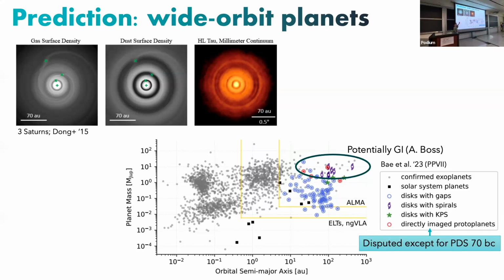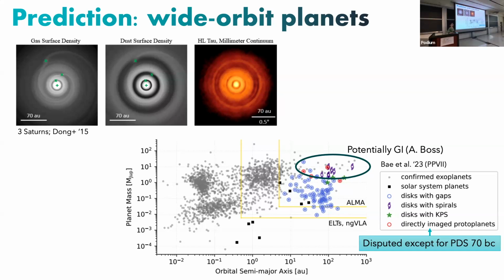So using hydrodynamic simulations, people have been inferring the number of planets, where those planets are, and the mass of the planets, so that we can reproduce these measurements. HL Tau is one of the first cases where we found these nice concentric rings, and it can be explained by 3 Saturns at those cross locations.